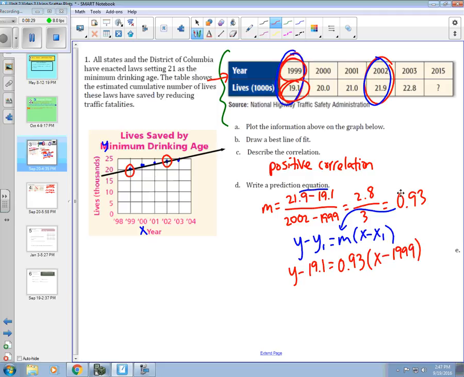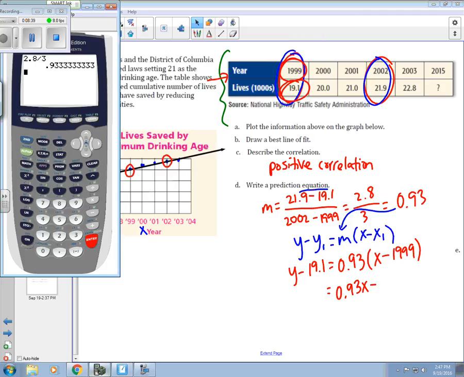So now go through and simplify this, and now we should have our equation here. Start by distributing. Got 0.93x minus, we got to do a little multiplying. So we're going to do 1999 times 0.93, about roughly 1859.